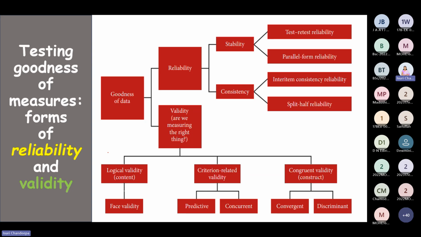Goodness of data can be identified through two major concepts, very important: reliability and validity. There are several branches under reliability and validity, but we'll identify just what you mean by reliability and validity. You need to check the collected data's reliability and the collected data's validity, right?